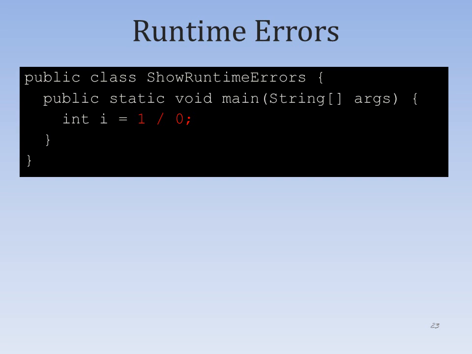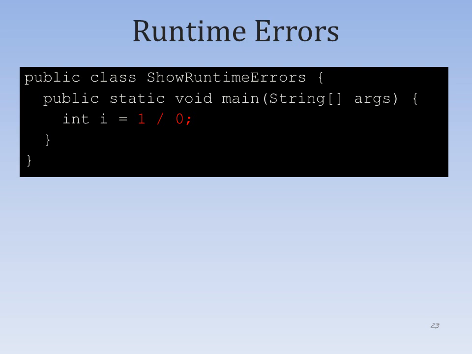Well, as a runtime error, this error should be obvious to you. Division by zero is illegal in any mathematical operation that I know of, and so that would cause your program to crash.